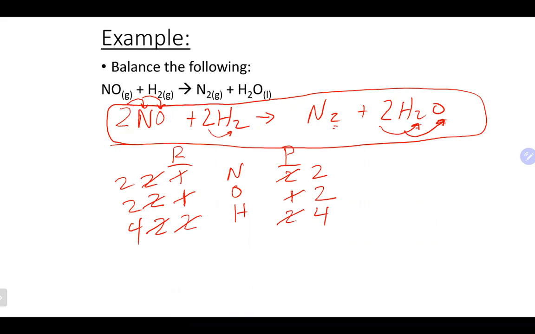For questions on, say, a quiz or a test, will we be given parts of both sides, or will we have to figure out what the product would be? I would say at some point by the end of this chapter, maybe, yes. We'll talk about how you can predict what will go on the other side. A majority of what you would be given would be the entire equation, and you might have to balance it.